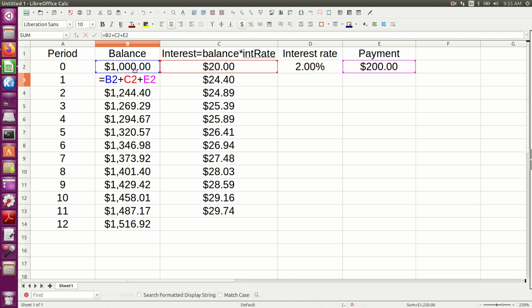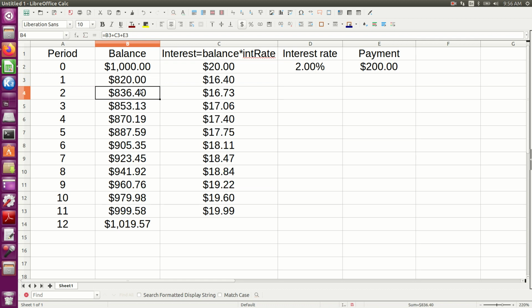But now, with a payment, that actually takes away from the balance. It doesn't add to the balance. And so I put a minus sign in the E2. And once again, if I'm going to have the same payment every time, then I'll put a dollar sign in front of that too.